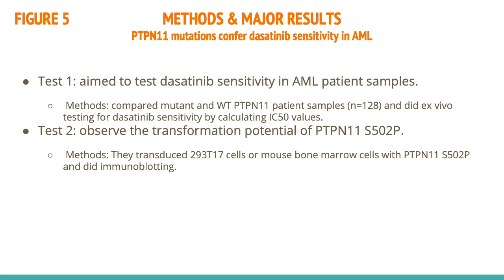So this next test observed the transformation potential of this mutant for the AML disease. And they did this by transducing 293T17 cells, or mouse bone marrow cells, with the PTPN11 S502P, and they did immunoblotting to visualize this. So let's take a look at these results.